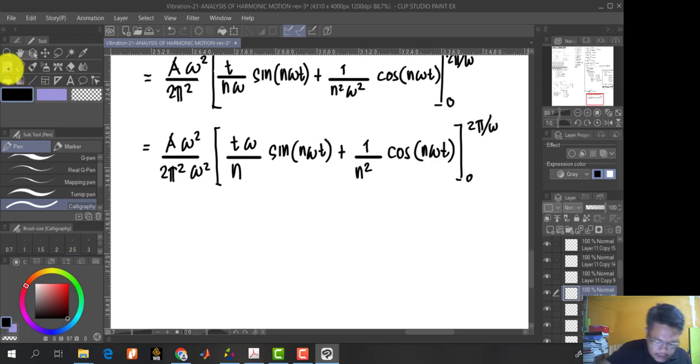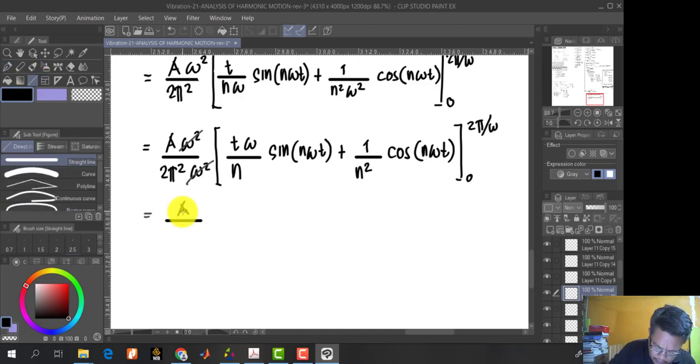First things muna, we have to cancel this one. So this one will be cancelled out. So let me try to change the color here. It's red. Sorry. Let me go back here. So nawala. Okay. So this one is red. Cancel out. Cancel out. So we can write here that my A, so let me change the color here, so my A, that is all over.